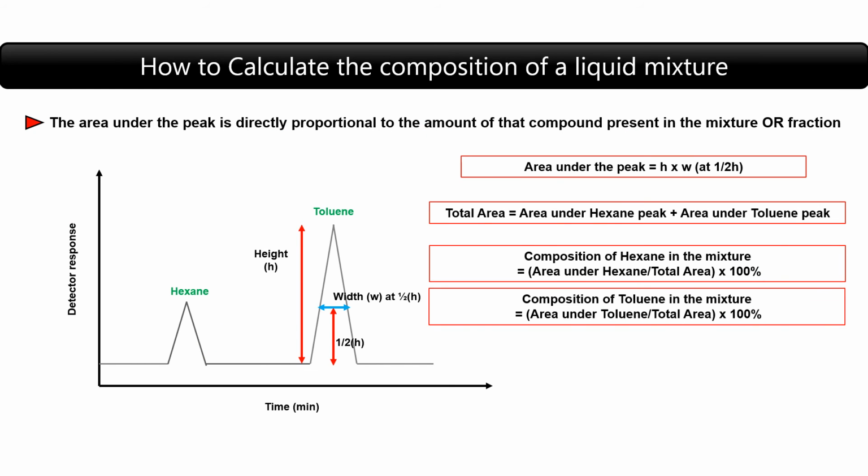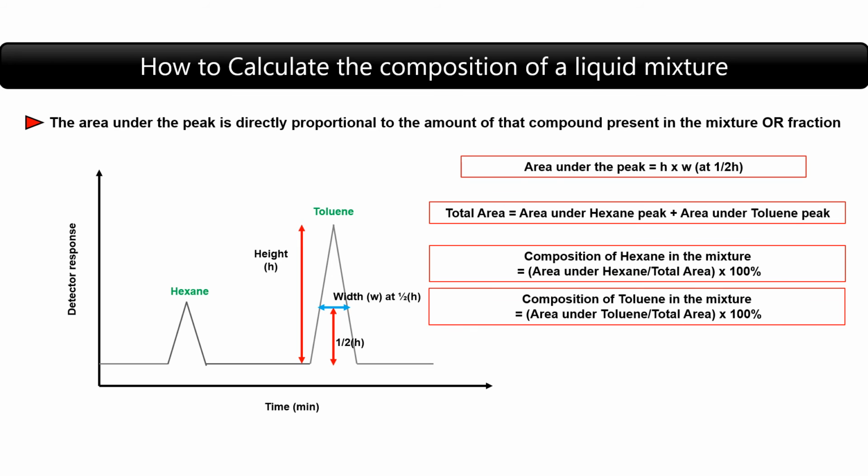The area under the peak is directly proportional to the amount of that compound present in the mixture or fraction. So let's say we are analyzing a fraction that contains both hexane and toluene. This is just as an example. And how would we calculate the area under the peak?